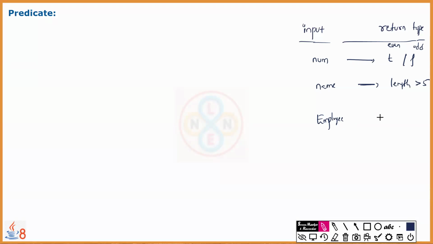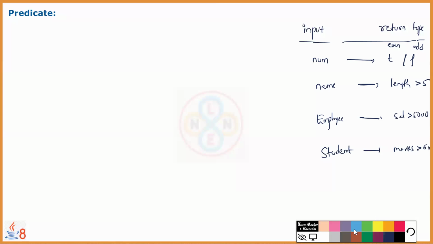If the employee salary is more than 50,000, then get that employee data, otherwise ignore the employee data. The next, you can take a student object, and if student marks are greater than say 60, then only print the student details like name, roll number, and how many marks they got.